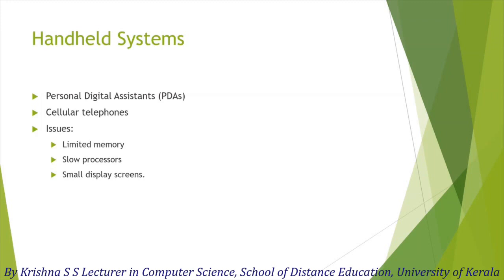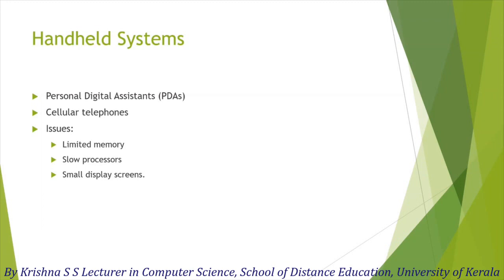For example, a PDA is typically about 5 inches in height and 3 inches in width, and it weighs less than 1/2 pound. Due to this limited size, most handheld devices have a small amount of memory, include slow processors, and feature small display screens. So these are the issues that we have to consider.